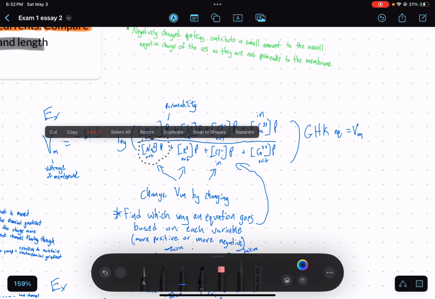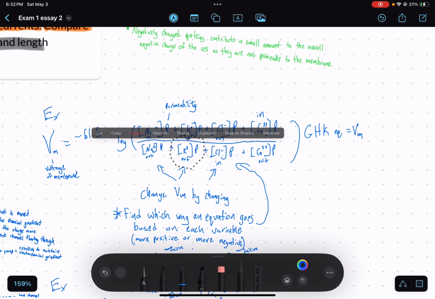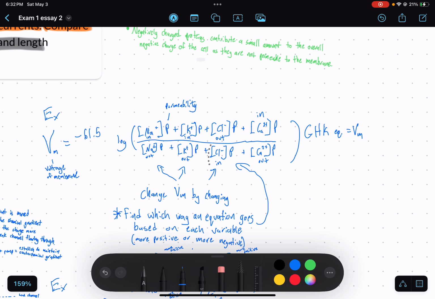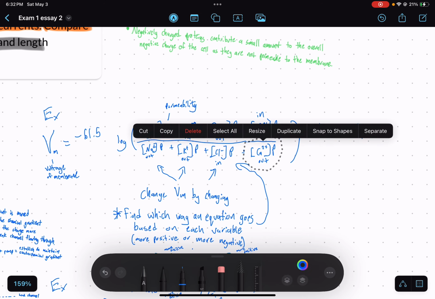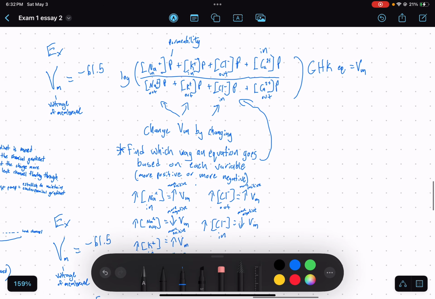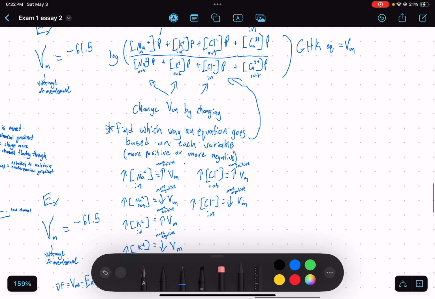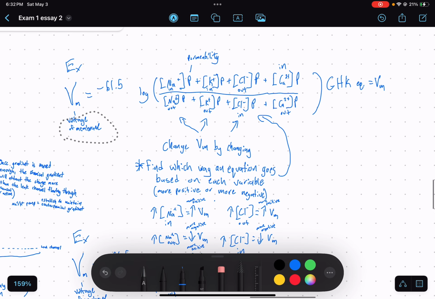And then you're going to put that over the inverse, such as the concentration of sodium inside the cell times its permeability plus the concentration of potassium inside the cell plus the concentration of chloride outside the cell and plus the concentration of calcium inside the cell, always all of them multiplied by their own permeability. And then this will help give us the voltage of our membrane.